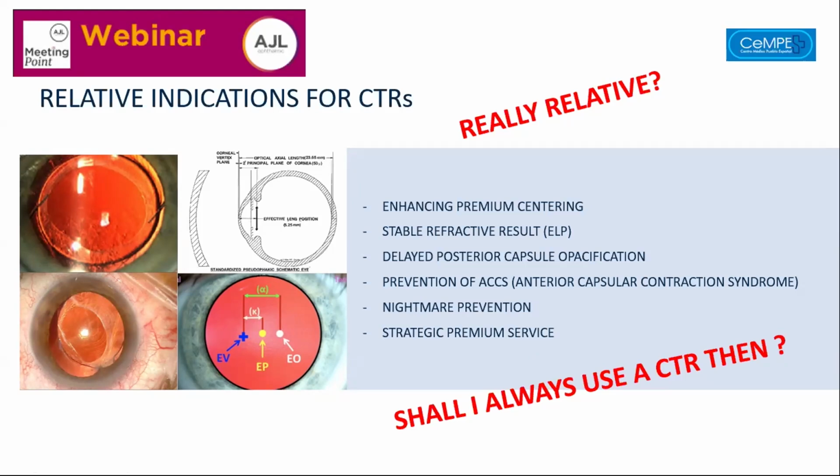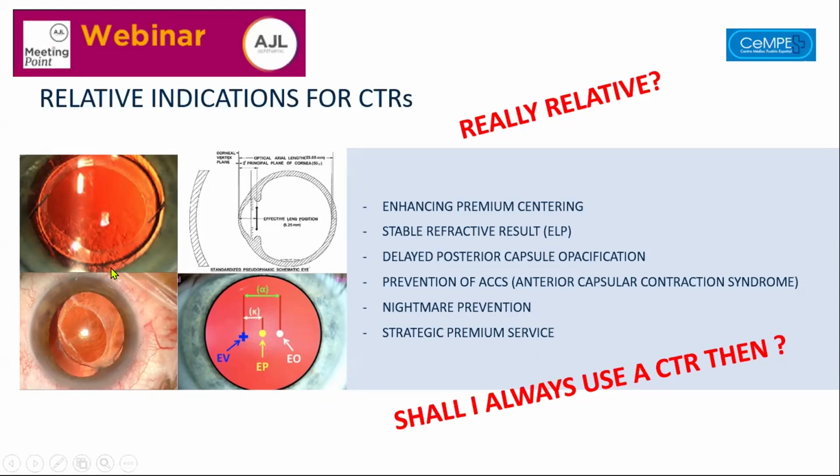But I've seen many cases where the anterior capsule shrinks so much that it decenters the lens, tilts the lens, and leaves the capsular bag fibrotic and uneven.